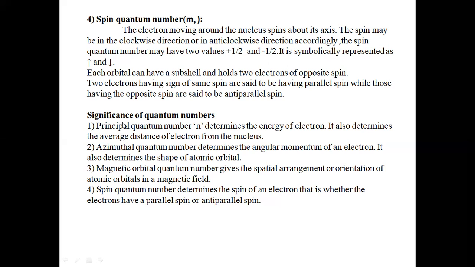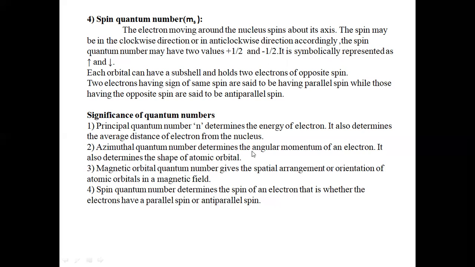Next, we'll see the significance of quantum numbers. The principal quantum number, n, determines the energy of the electron, and it also determines the average distance of the electron from the nucleus. That is, we can determine the energy of the electron as well as the average distance between the nucleus and the electron.